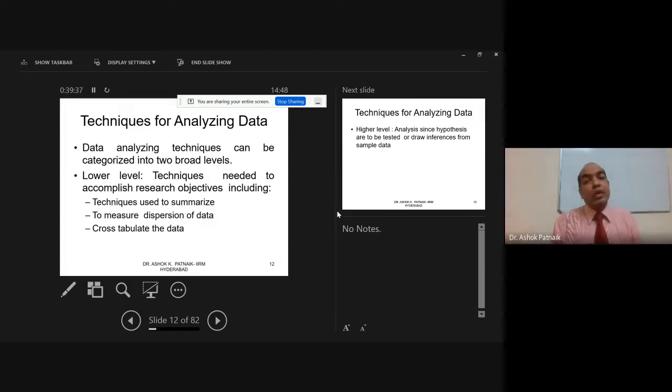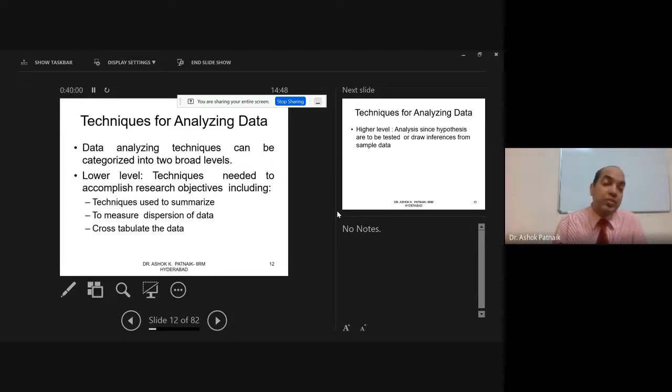Now we go to the techniques for analyzing data. So data analyzing techniques can be categorized into different variables. Many researchers do have different levels, but I will say we can divide it into two different levels. First one is the lower level, where you just try to find out the research objective.